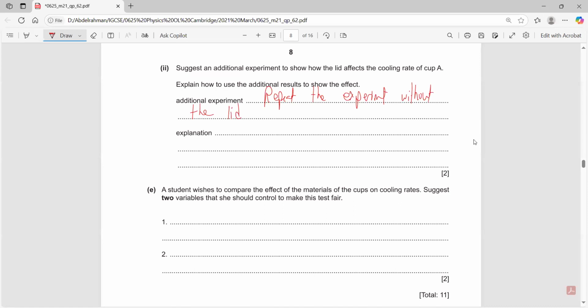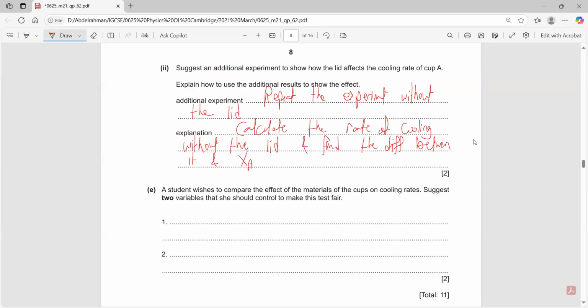And then the explanation: measure or calculate the rate of cooling without the lid and find the difference between it and XA, which is the initial rate of cooling.